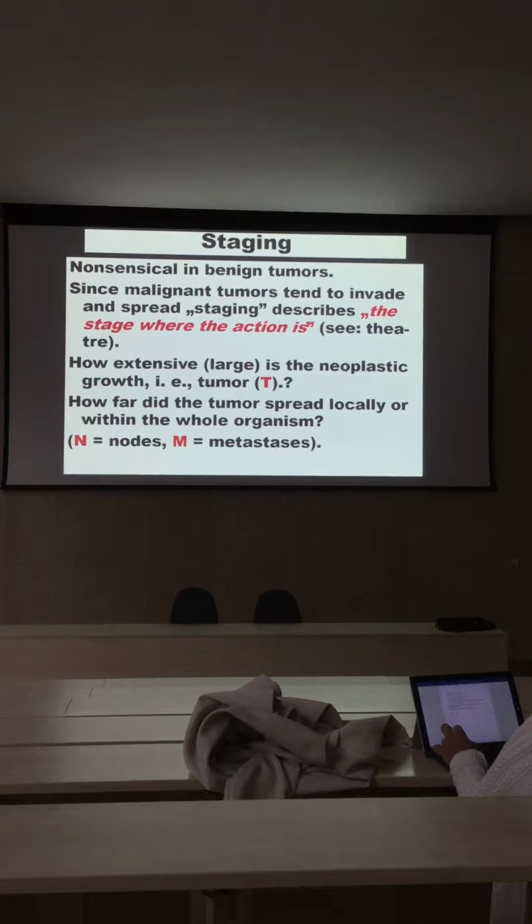There are several meanings, but if you use this mnemotechnique that you associate stage with the theater and with a drama that takes place on that stage, then staging will make sense to you because it describes to you where the action is.